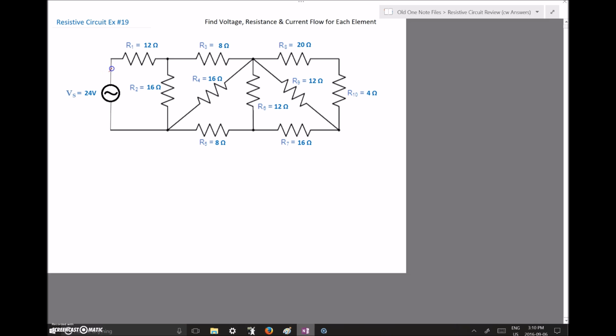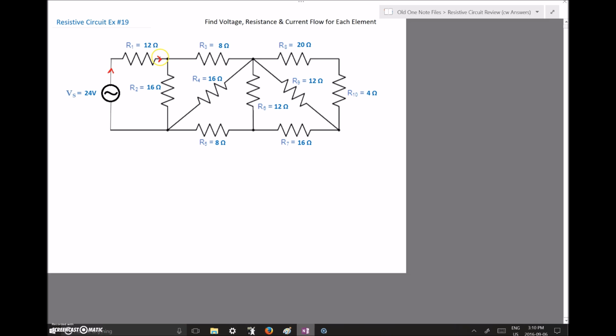So we've got current flowing from the source going out. Let me pause here and just get a different font so that you can actually see where the current is going. Okay, so I've decided to go with a 24 volt source, and we'll go from one side of the source, and we're just going to draw in the way that the current is flowing from one side of the source to the other.